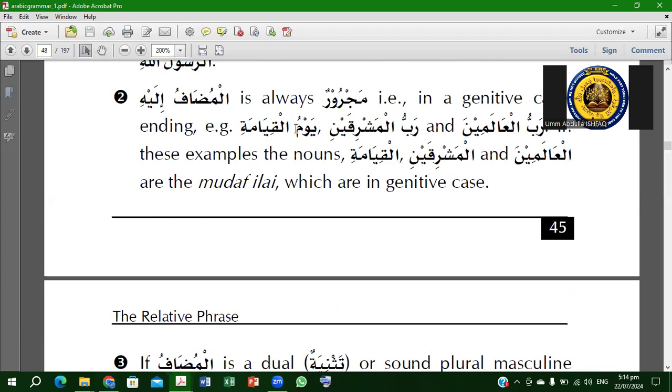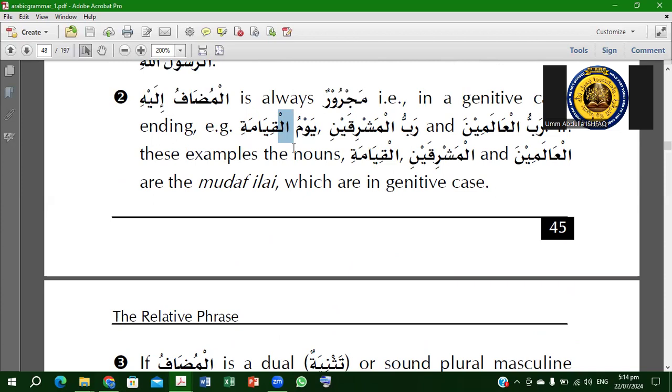Yawm means day. It is not al-yawm, it is not yawmun. So this is mudaf because it is light. And the next noun, see, this has come with alif lam. I told you this can come with alif lam. Mudaf ilayhi can come with alif lam, and can come with tanween, right? But this first one can never be.